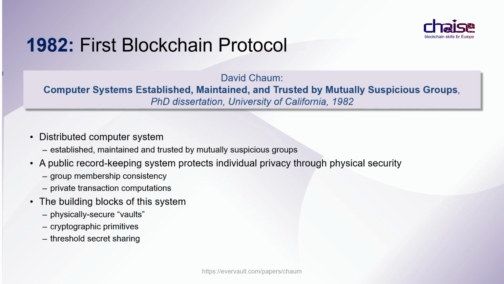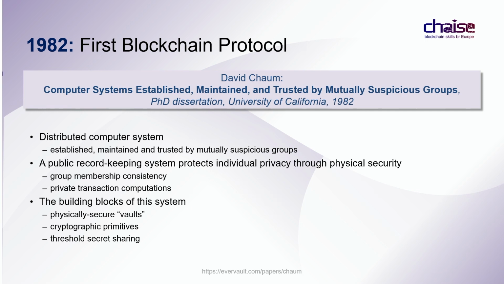Already in 1982, David Chaum describes the design of the distributed computer system that can be established, maintained, and trusted by mutually suspicious groups. It is the public record-keeping system with the group membership consistency and private transaction computations that protects individual privacy through physical security.